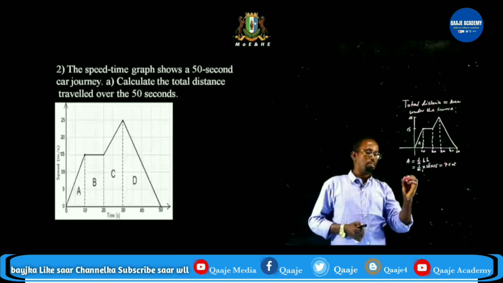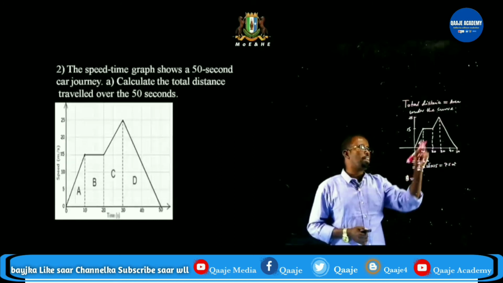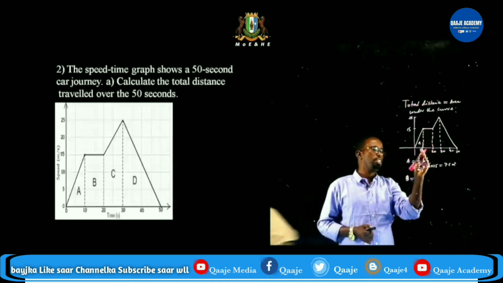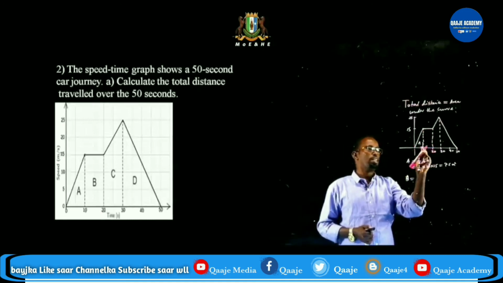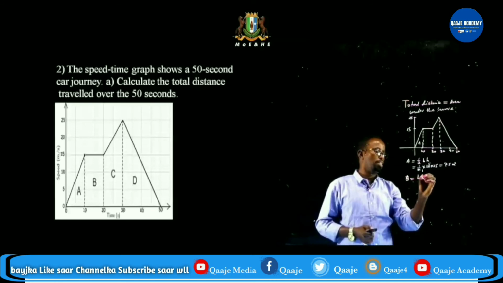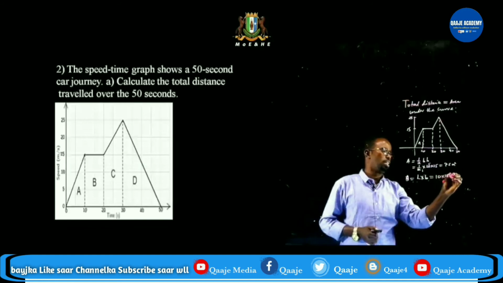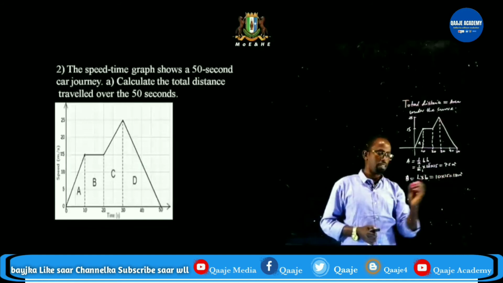So the next one, A2 or B is a rectangle, so the difference is 10 here, and then this height is 15, so this is length times breadth, 10 multiplied by 15, you get 150 meters squared.